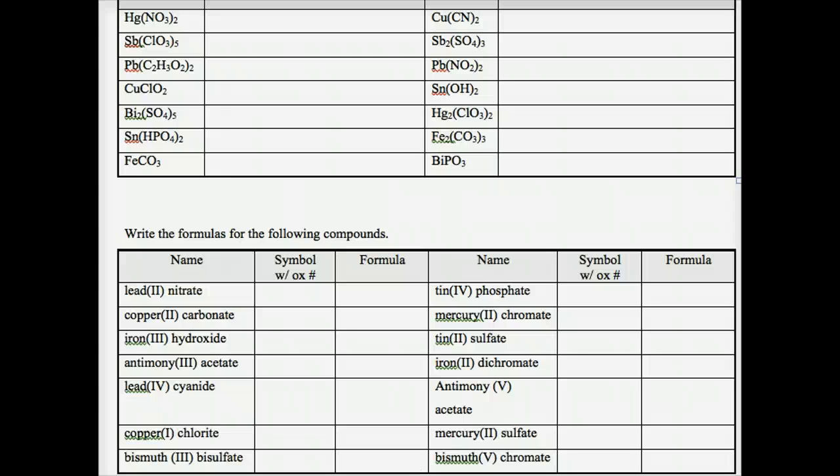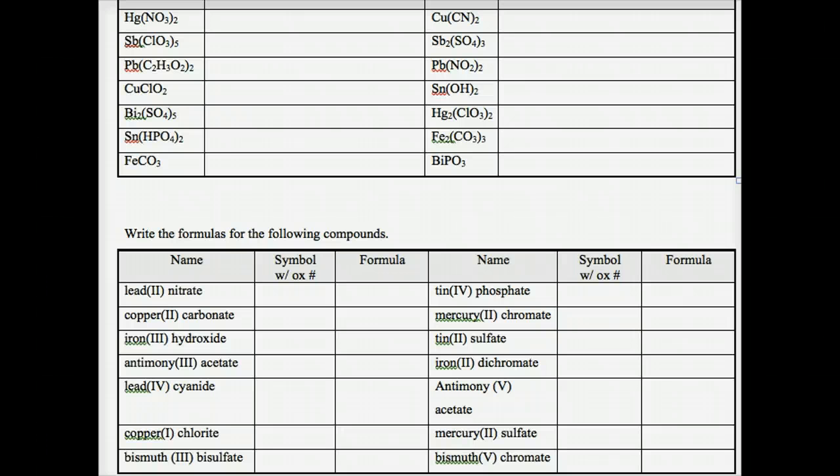I'm going to start on the bottom. Going from the name to the formula in the stock method of naming, Roman numerals, is very, very easy. It's actually easier than before because they tell us what charges we're dealing with.